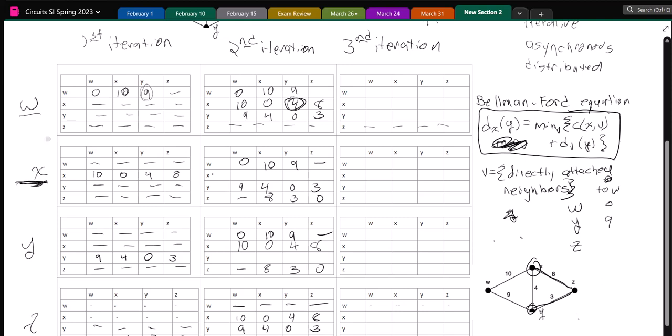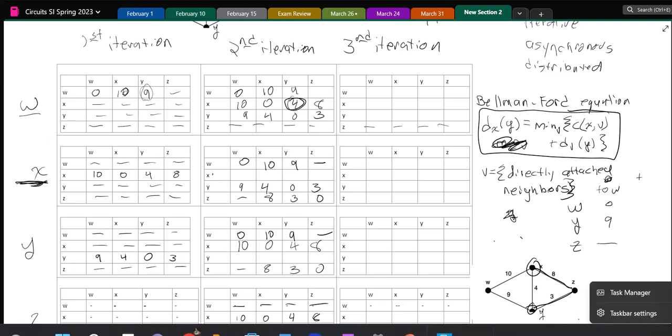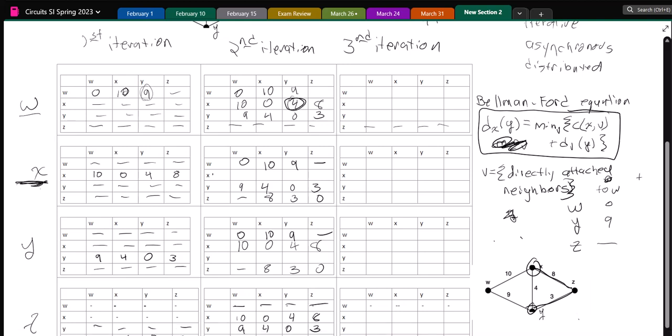From z's distance vector, z doesn't know, so that one's not going to be in there. And then plus, and this next one is how much does it cost to get from x, which is the node that we're on, to these.